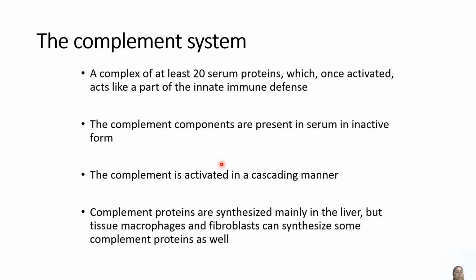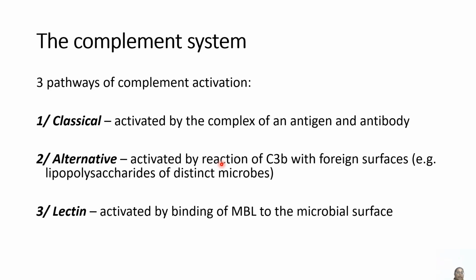So as I said, the complement system consists of at least 20 serum proteins, which once activated act like a part of the innate immune system. And the complement components are present in serum in inactive form, and the complement is activated in a cascading manner. So complement proteins are synthesized mainly in the liver, but tissue macrophages and fibroblasts can synthesize some complement proteins as well, right?